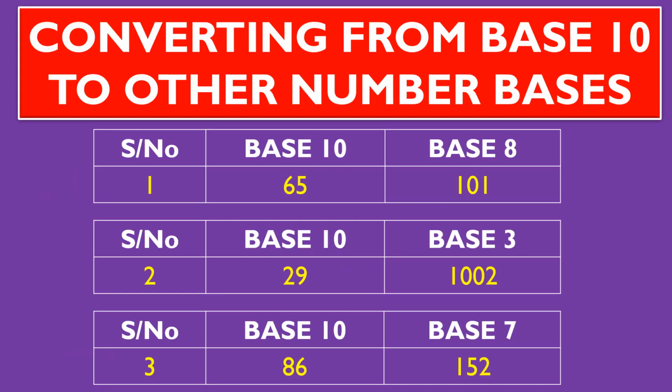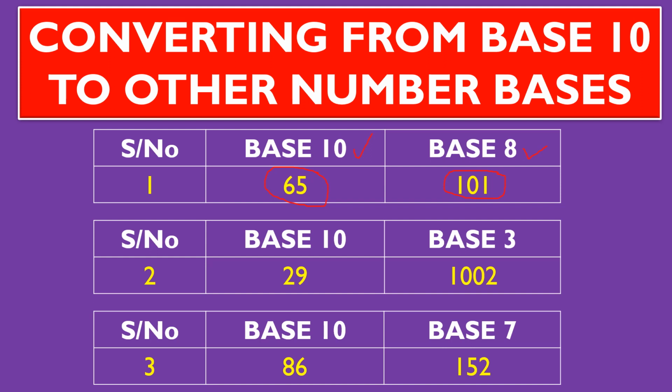Now the summary of converting from base 10 to other number bases. We see that the first number we had, we converted 65 in base 10, and then we converted it to base 8, and what we got was 101 in base 8.